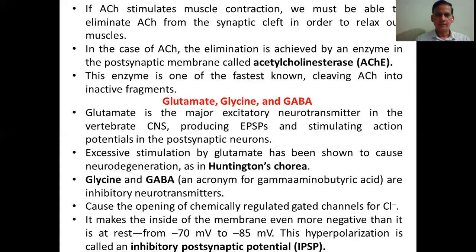When the chloride channels are open, there will be uptake of chloride and the resting membrane potential from -70 will further drop down to -85 millivolt. And this hyperpolarization is called inhibitory postsynaptic potential.